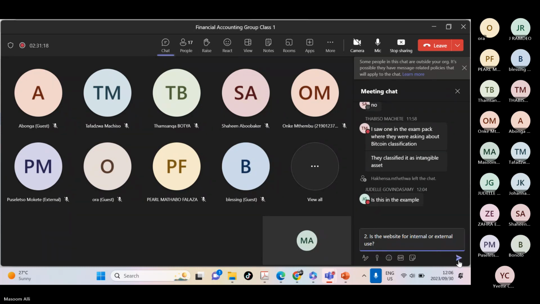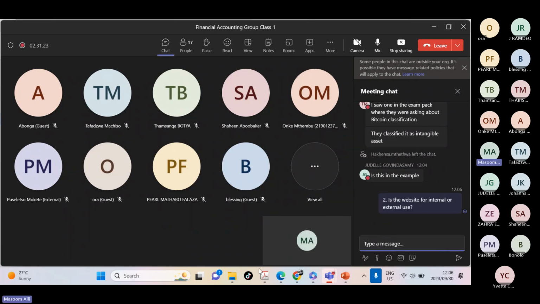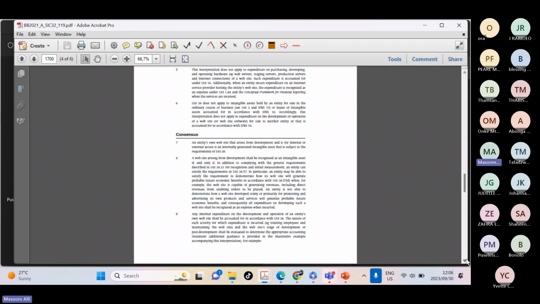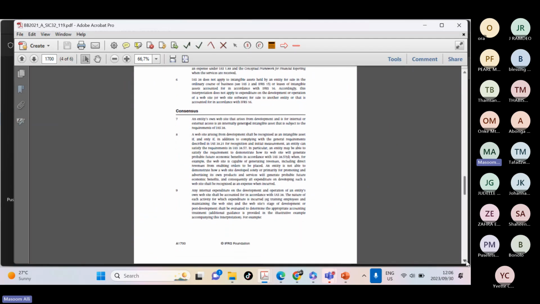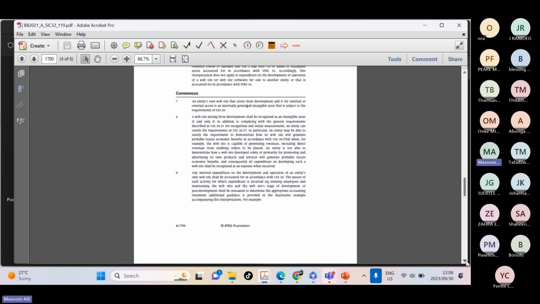Okay. And this is generally not very difficult to figure out. They will tell you in the question that we're going to use it for the purposes of making sales to customers or something like that. That is an external website, like an e-commerce website. An internal website will be like the intranet.